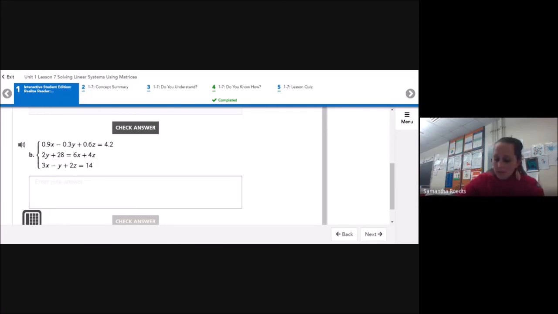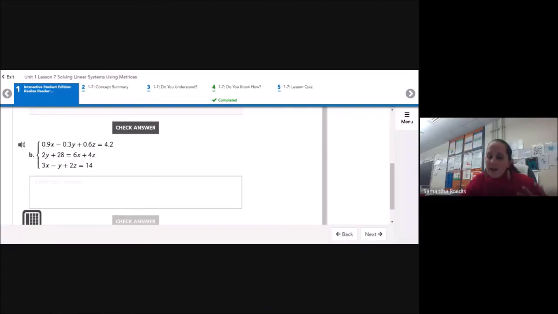Matrix 0.9, 0.3, 0.6, 4.2. Okay, and then I have 6, -2, 4, 28, and then 3, -1, 2, 15. Okay. Reduce row echelon form.